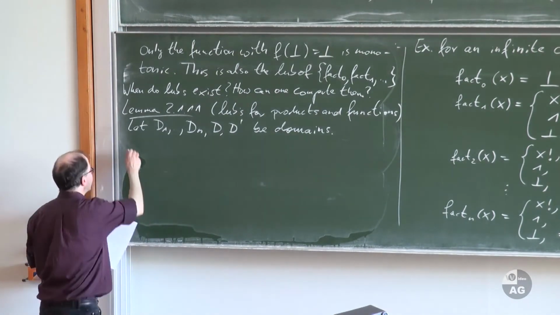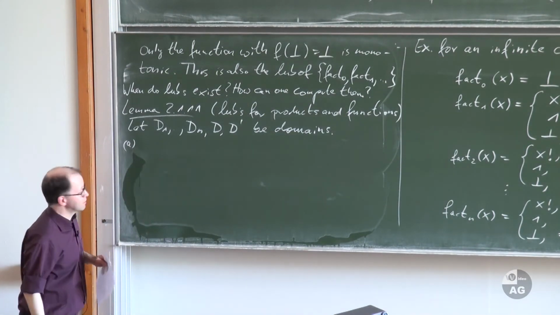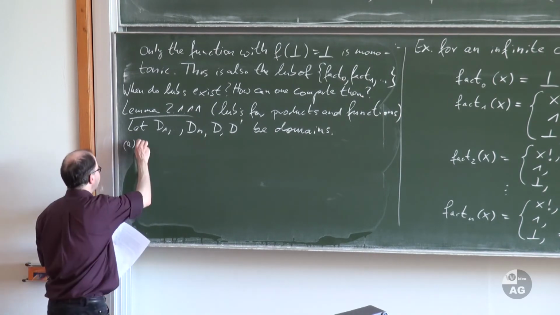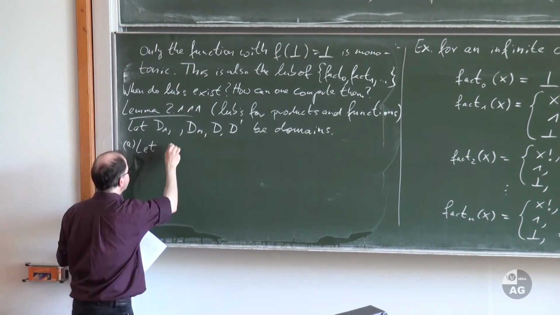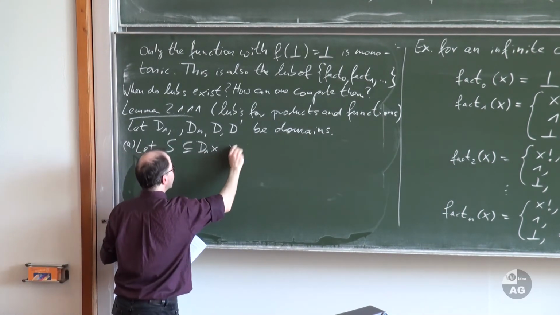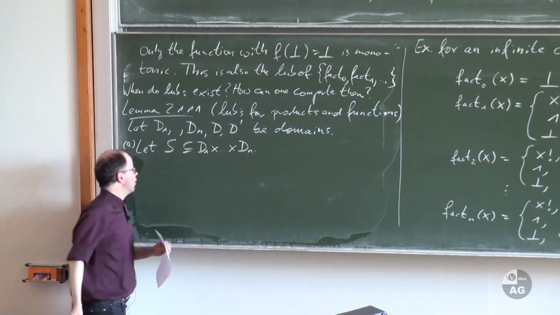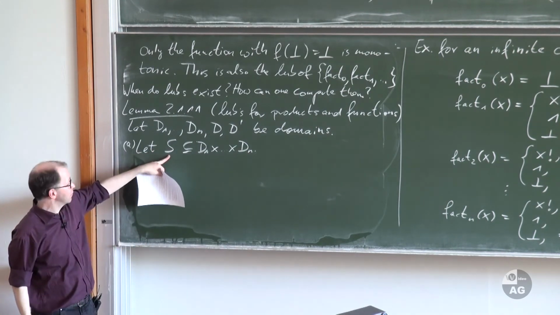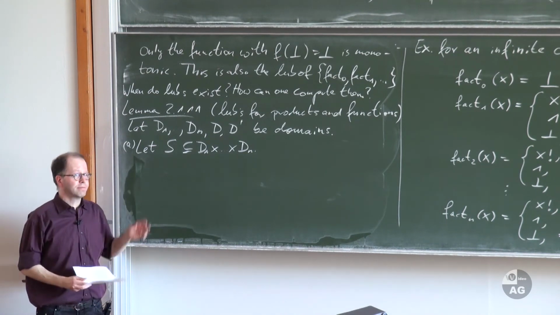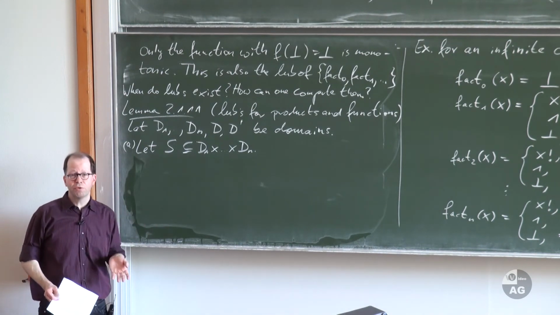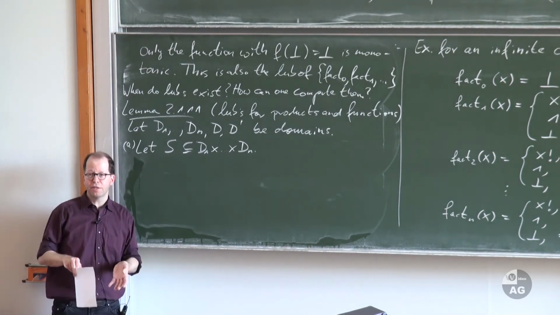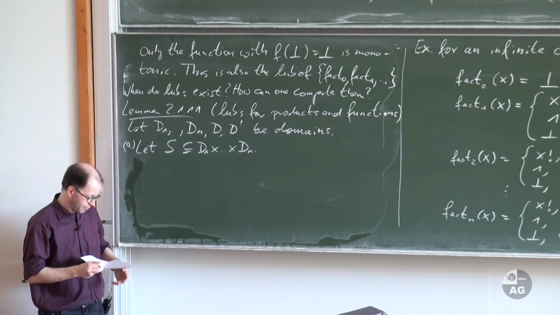Part A says something about tuples, and part B says something about functions. If we speak about tuples, we have some subset of d1 cross dn. And the question is, how can we get the least upper bound of such a set of tuples? The lemma says, look at the projections for each component. Build the least upper bounds for all these projections and then put it together. That's the least upper bound for this whole set.